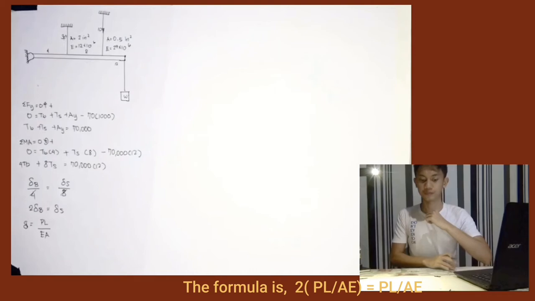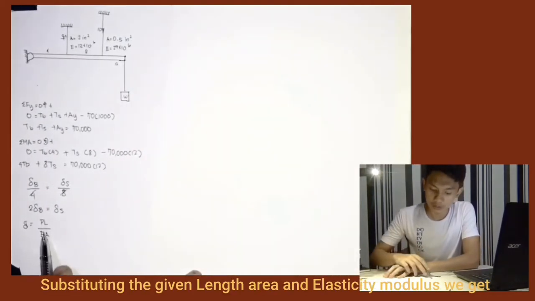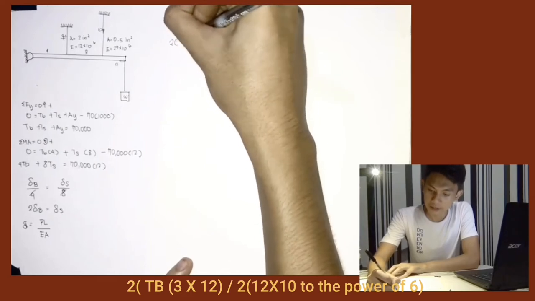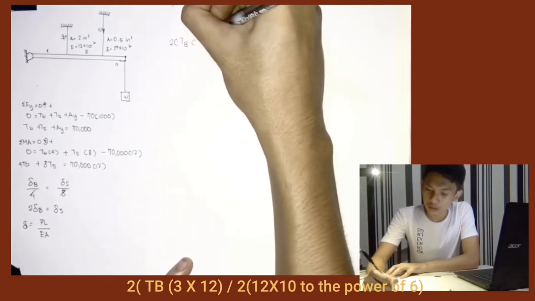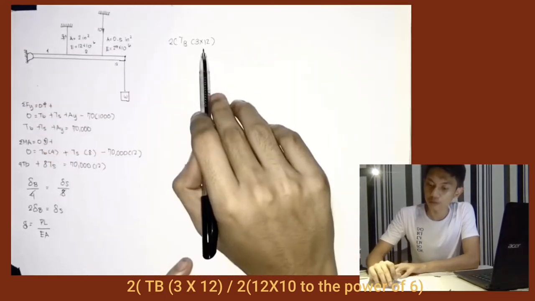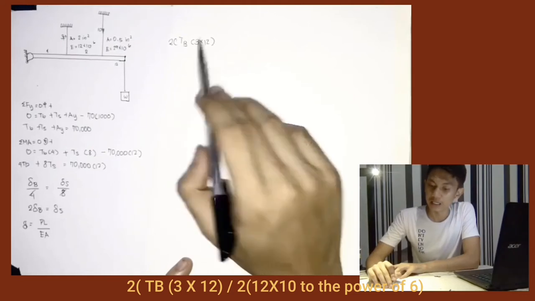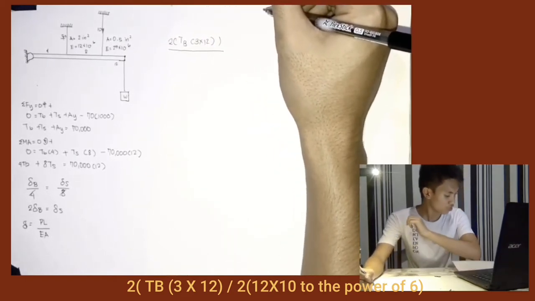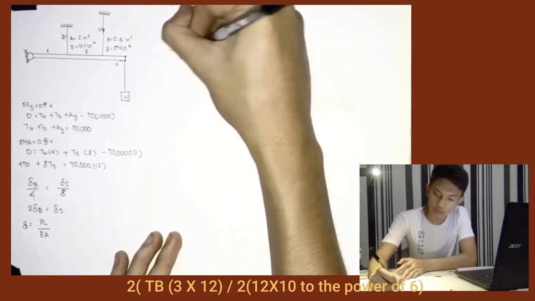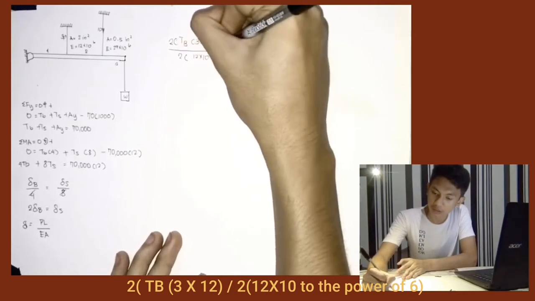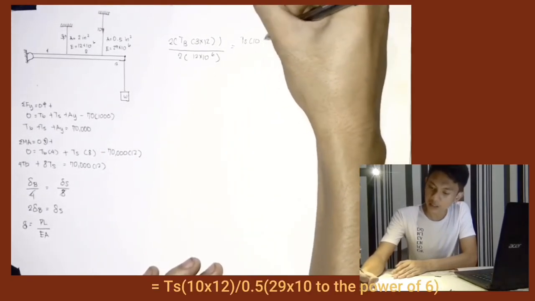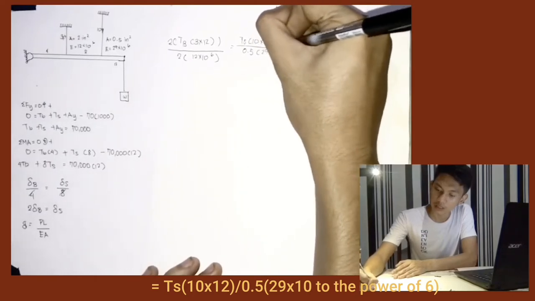That is the formula, so in order for us to substitute it here: 2 TB times 3 times 12, the length of the rod, multiplied by 12 because it is in inches, over 2 times 12 times 10 to the power of 6, equate this to TS times 10 times 12 over 0.5 times 29 times 10 to the power of 6.